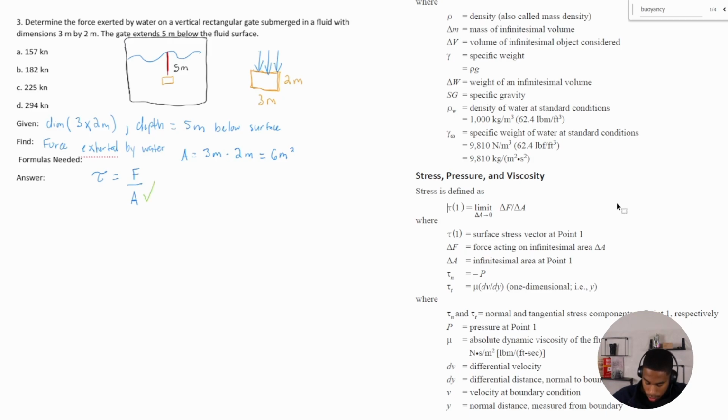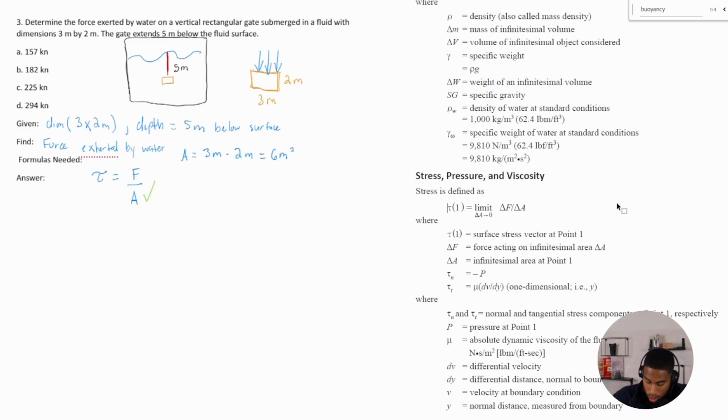All right, what about the stress? Well, in this case, the stress is going to be a normal stress, right? Acting on it. I'm not going to be using a tangential stress. The normal stress is happening 90 degrees on this rectangular gate.